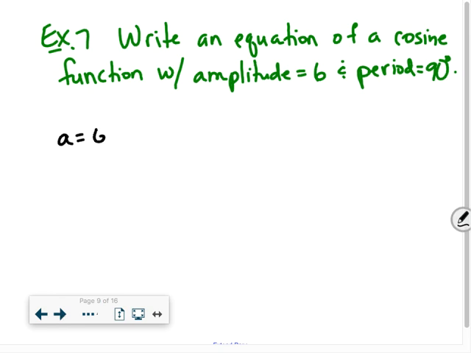My A value is 6. The only way A turns negative is if it says there's a reflection, or you have the graph that shows A is down at the negative.